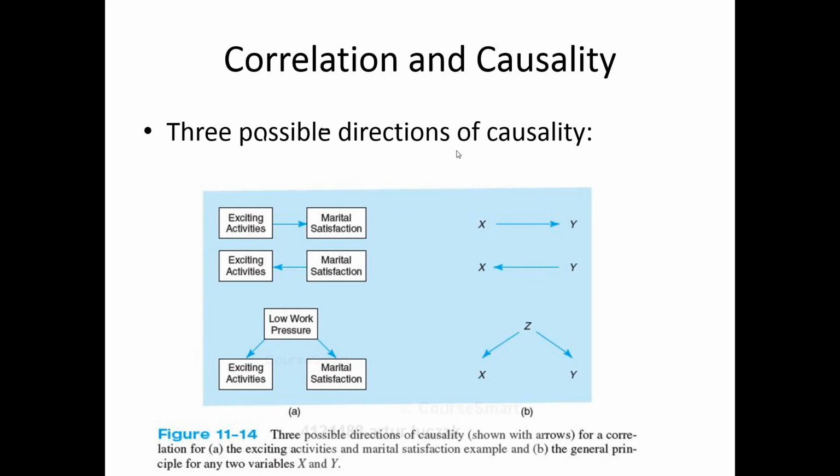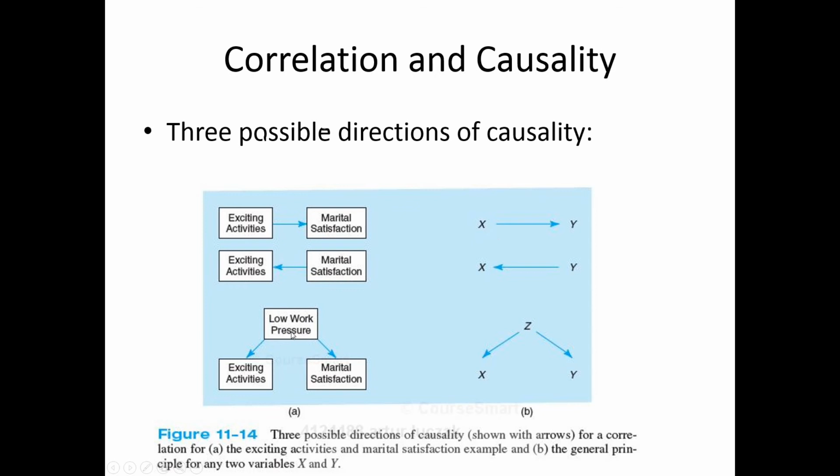We don't know what is the cause and what is the effect. For example, it could be that doing more exciting activities is improving satisfaction from marriage. Or it could be that marriages which are already happier tend to do more exciting activities. Or it could be something else.